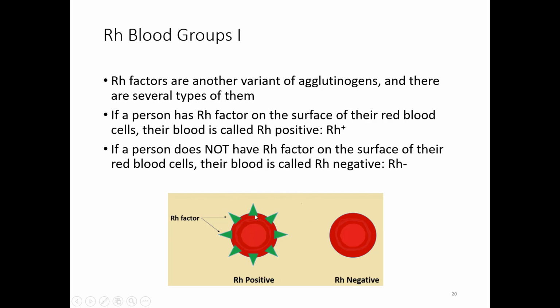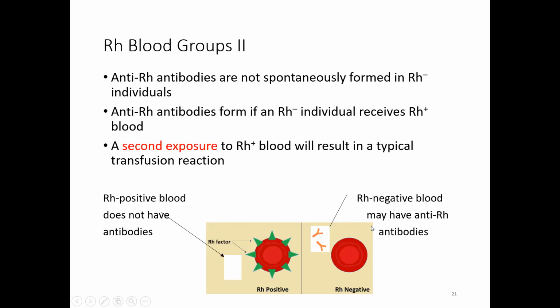So just different types of glycoproteins, which are called Rh factor. There are several types of them, and some people have them. And if a person has that Rh factor on the surface of their red blood cells, we call their blood Rh positive. Here it is. Some people who do not have it are called Rh negative.